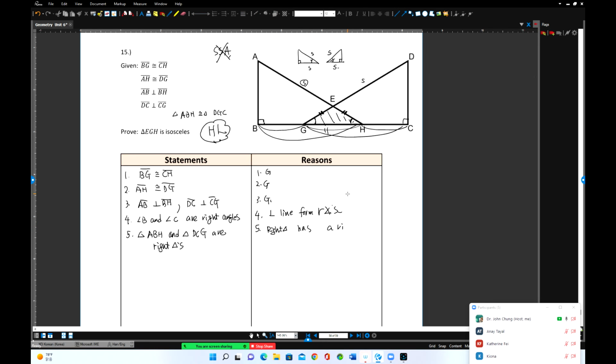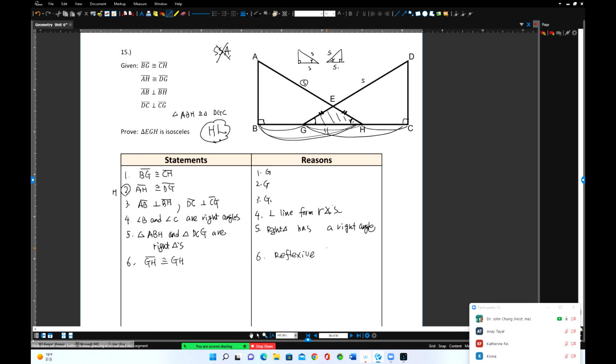That's why they are right triangles. Now you can go: AH, this is the hypotenuse, and we can say these two, another leg. So BH equals BH, GH congruent to GH. That is reflexive.